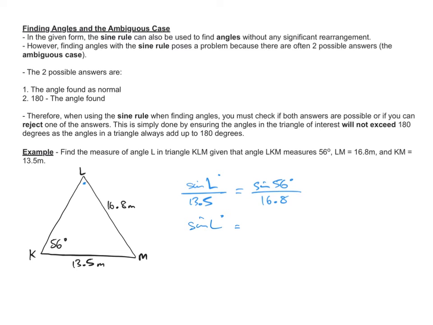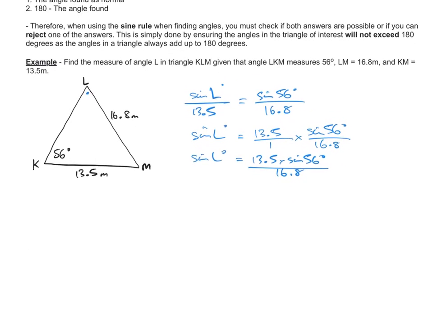So timesing both sides by 13.5, you're going to get 13.5, written as a fraction, over 1 times sine 56 degrees over 16.8. Sine L is therefore 13.5 times sine 56 degrees over 16.8, because when you're multiplying fractions, top line times the top, bottom times the bottom.